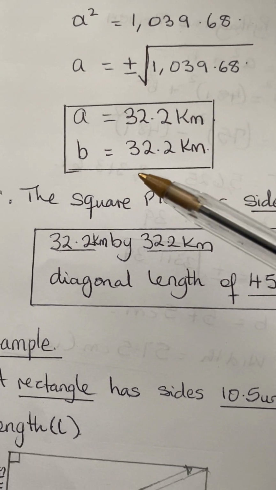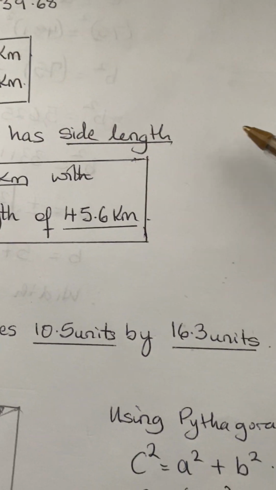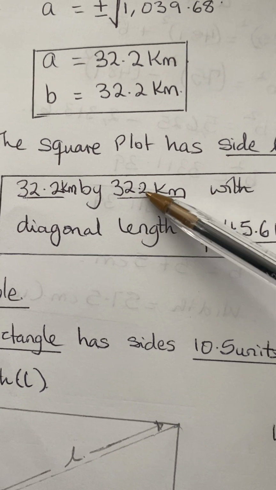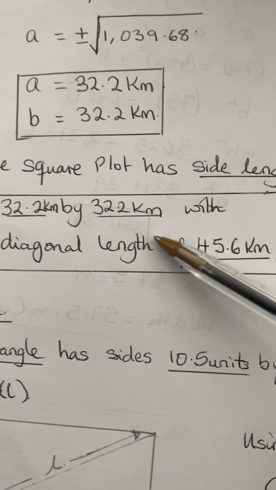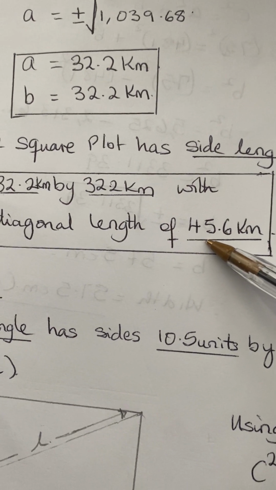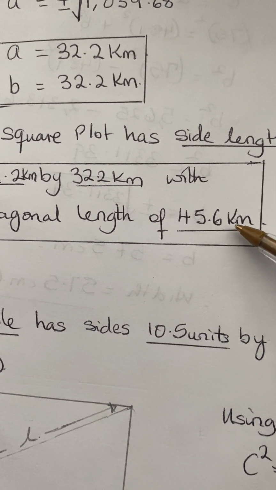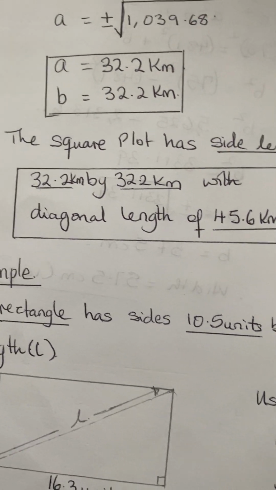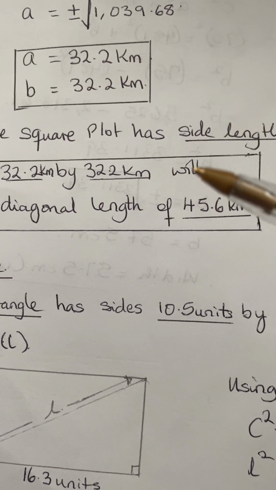So the square plot has side length 32 kilometers by 32 kilometers with diagonal length 45.6 kilometers.